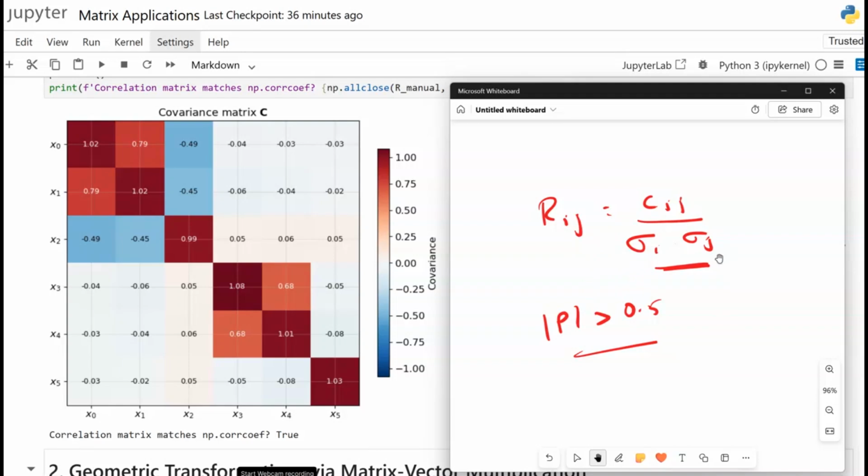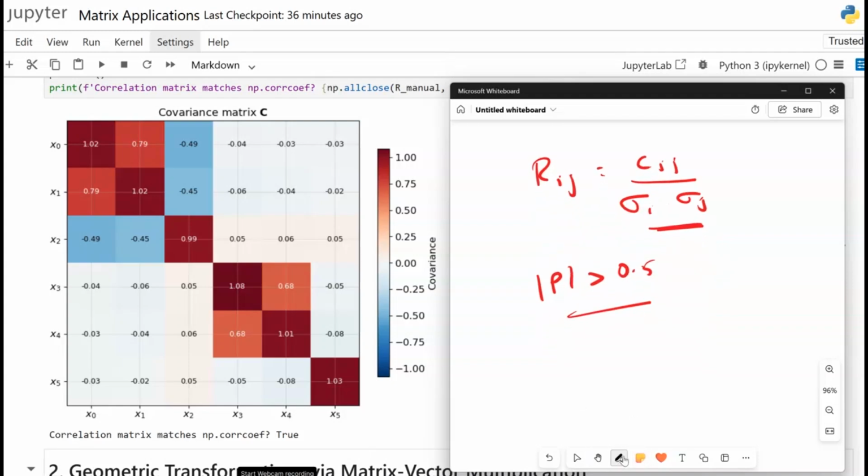So in mathematical notation, kindly observe here, dear friends, this is R equals D inverse multiplied by C multiplied by D inverse. So here D is the diagonal matrix containing the standard deviations. Kindly observe this one.